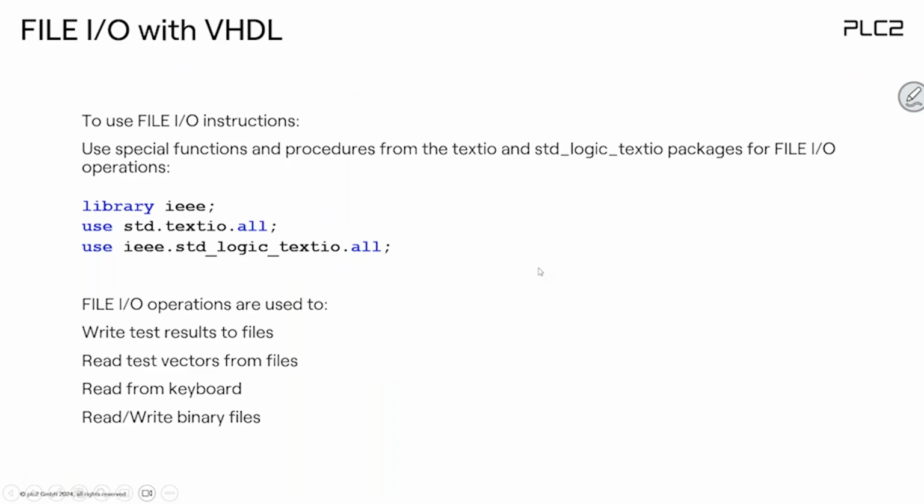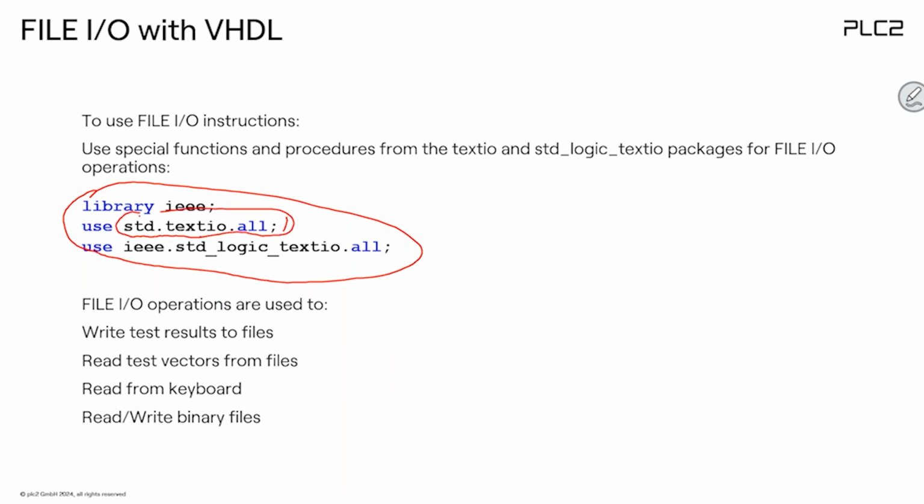Now, in order to actually use the file IO, we have to enable this function. That is the definition of the packages we need to make available to our description. It's the package text IO and the package standard logic text IO. We need two packages. Why two? Well, the first package, text IO, contains all the basic stuff like reading a line, writing a line, opening a file, closing the file, accessing the file, and so on.